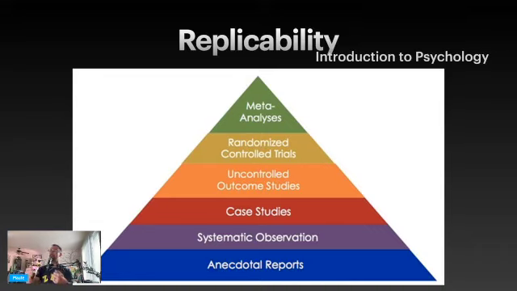When you can control the variables, it is called a randomized controlled trial. When many randomized controlled trials have been done on the same topic, they can be put into what's called a meta-analysis. A what? Meta-analysis. So this is the hierarchy of evidence.